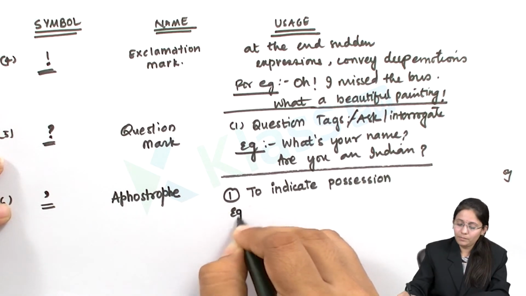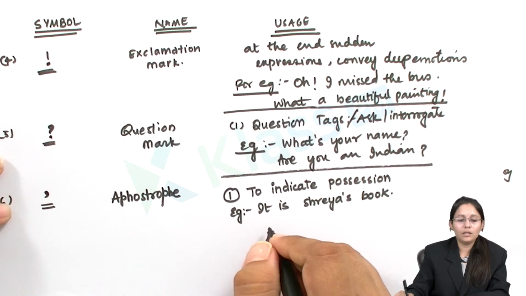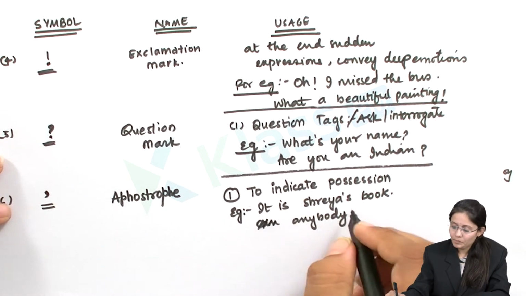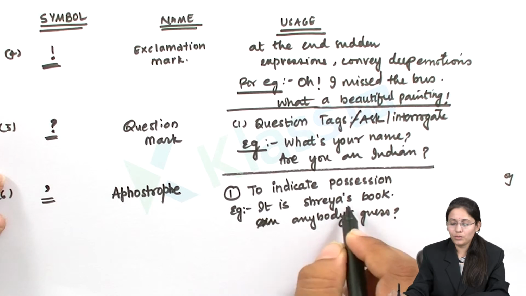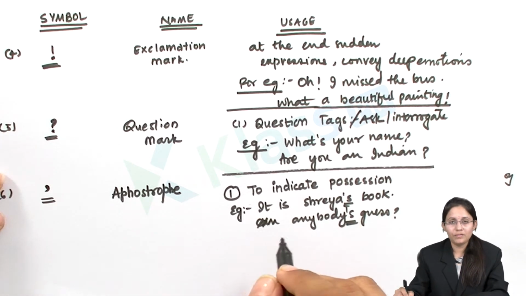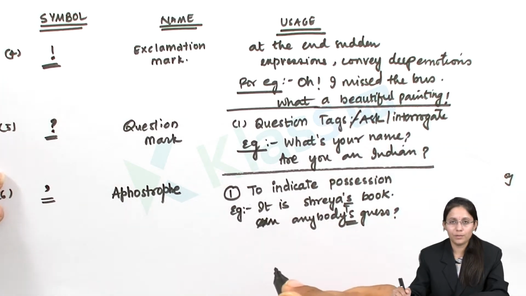For example, "It is Shreya's book." Okay, and then we can also give another example. So this is how we can show the position of the object, of the things, of the questions, of the answers by using the apostrophe.